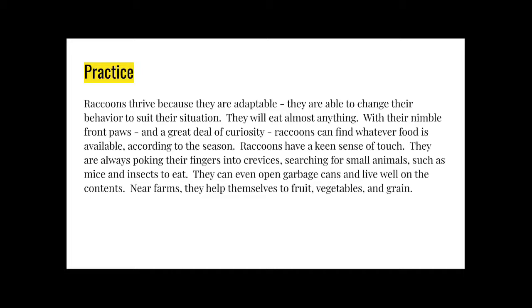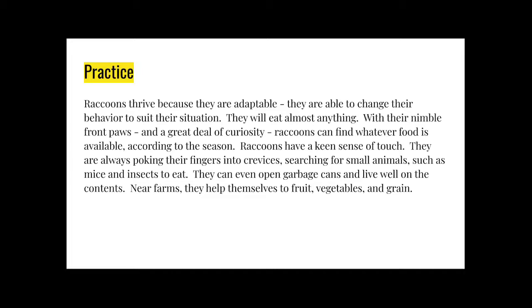In this example, we want to know what the word adaptable means. Well, we have a couple of different clues within the passage that can help us understand what this word means. Right after the word adaptable, it says they are able to change their behavior to suit their situation. So that's one clue.